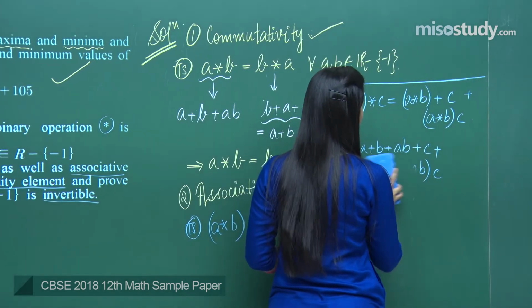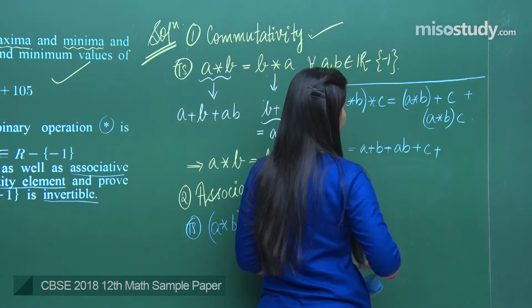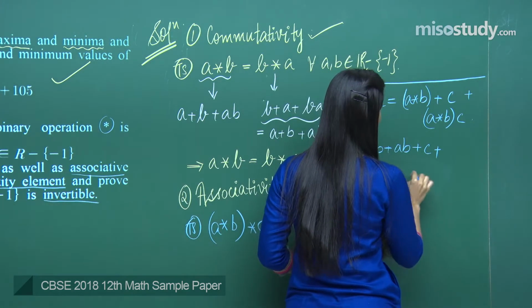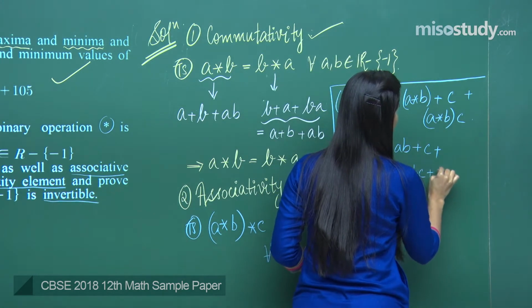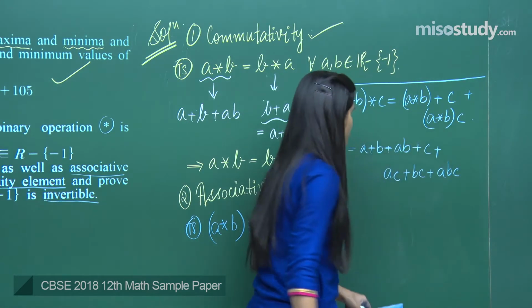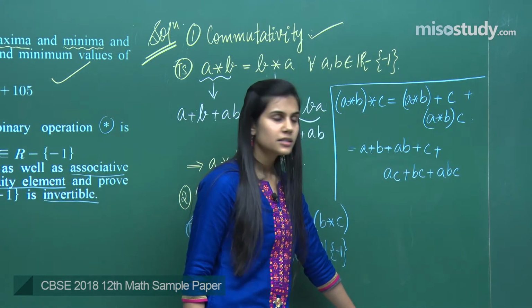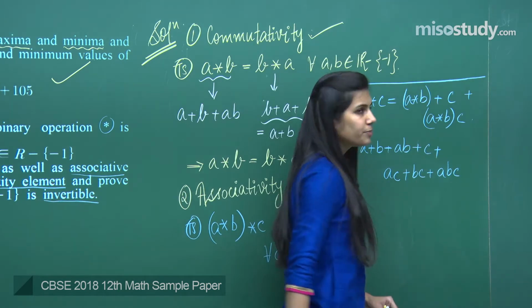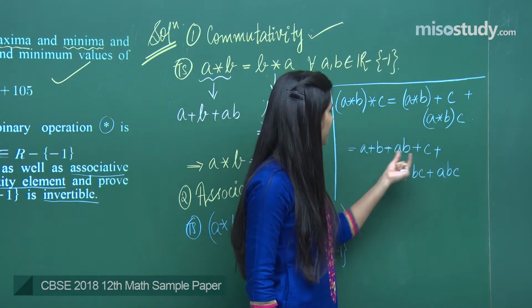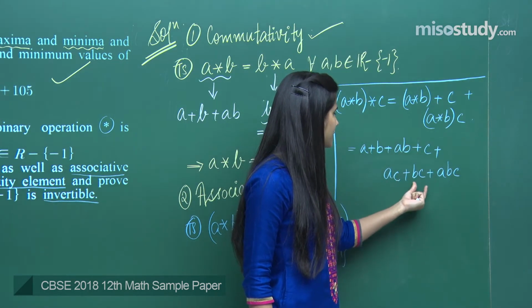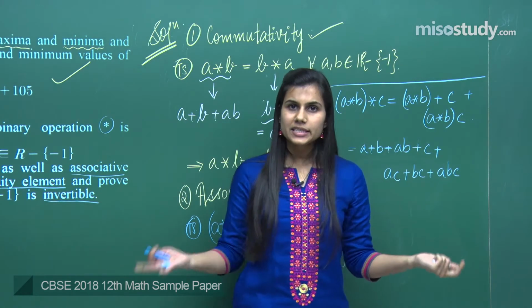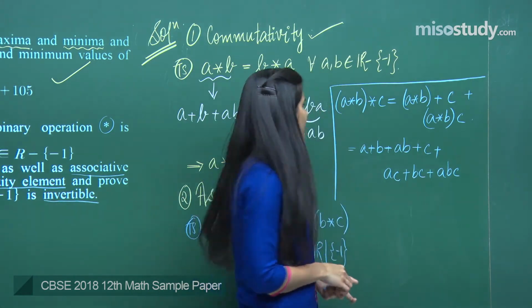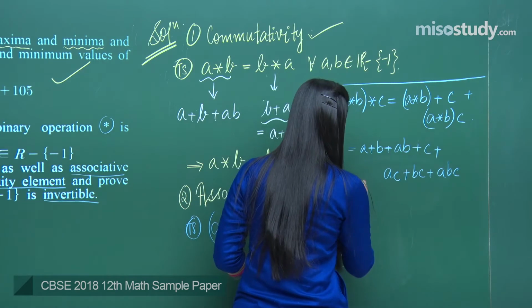This can be equal to A into C plus B into C plus A into B into C. Isn't it? That is what is coming out to be A plus B plus C plus AB plus BC plus AC plus ABC. Perfect.